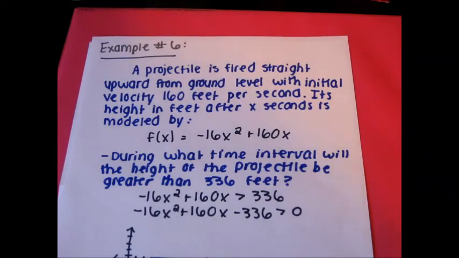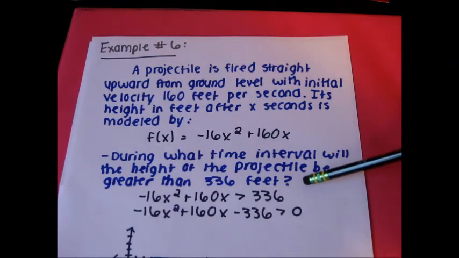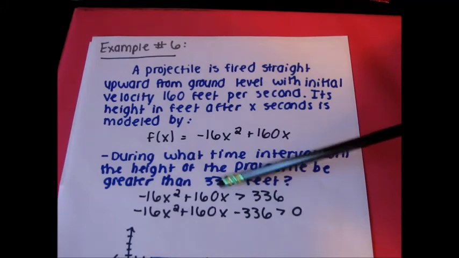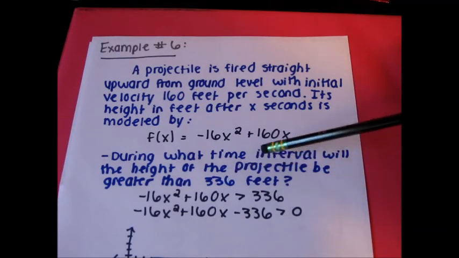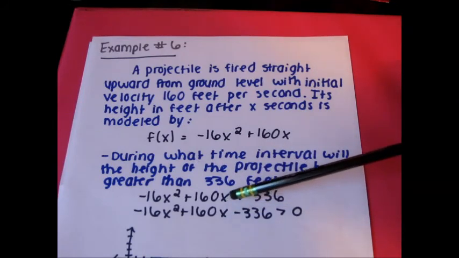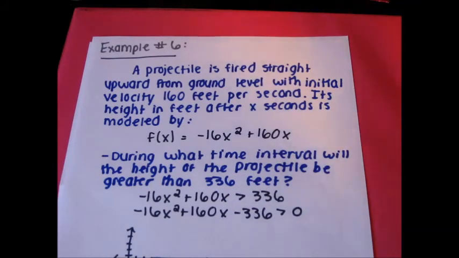So the way we're going to solve this, basically, is doing what it said. It's asking when it will be greater than 336 feet. So we're going to take our f of x equation right here and put it into the left side. And since it says what will be greater than, we're going to put a greater than sign, and then 336.